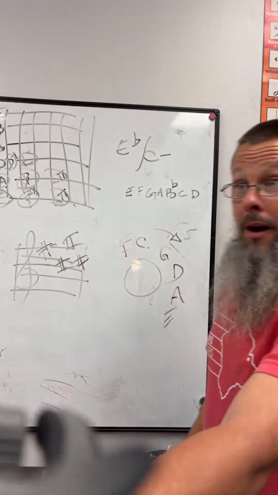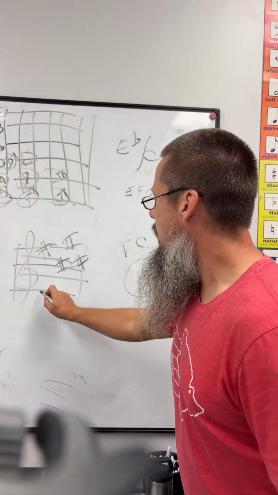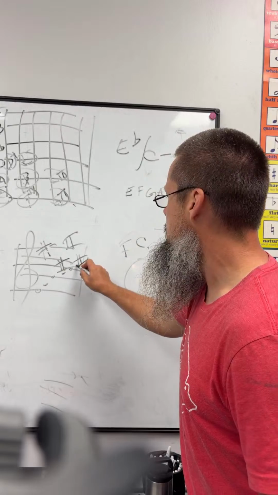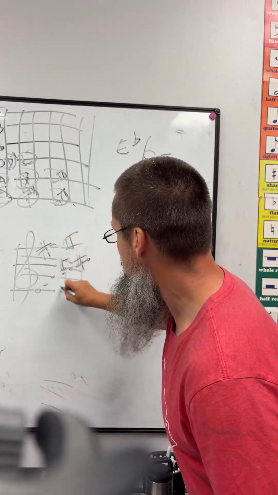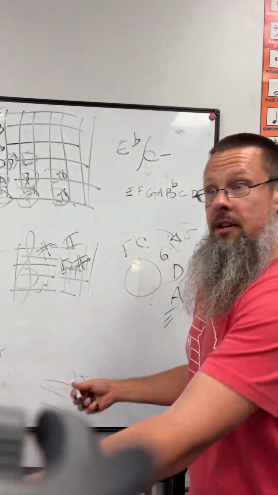So notes aren't foreign to you anymore. You start seeing this by going, oh, E, F sharp, G sharp, A, B, C sharp, D sharp, E. Here's your tetrachord. These are your 4 notes that are a part of a scale, and then you can start reading music.